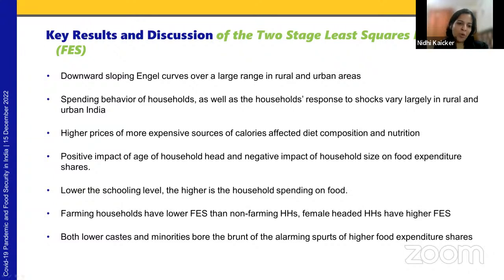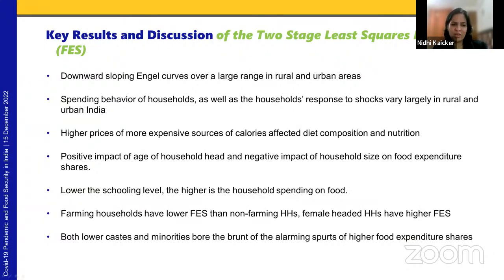And these results are important because they highlight the relevance of women empowerment, and households where women have better representation and autonomy to take household decisions are usually better in terms of household food security, as suggested by the prominent gender economists across the world.